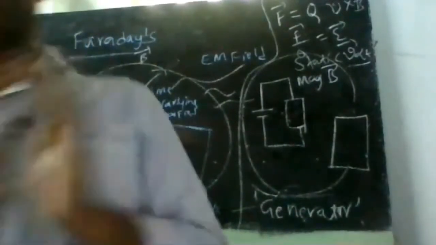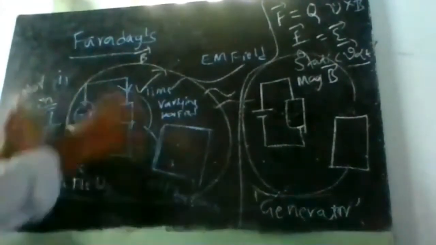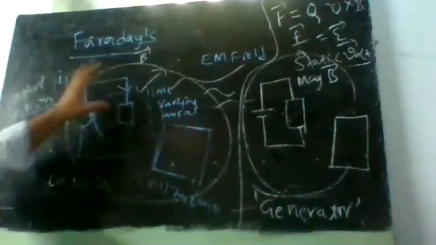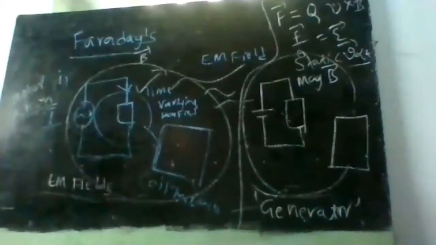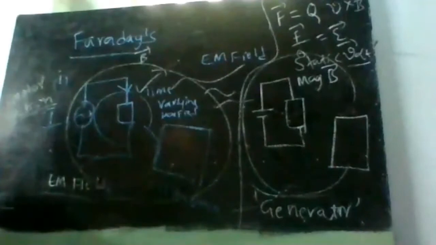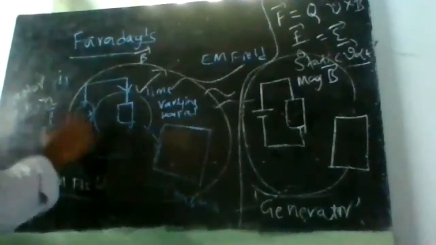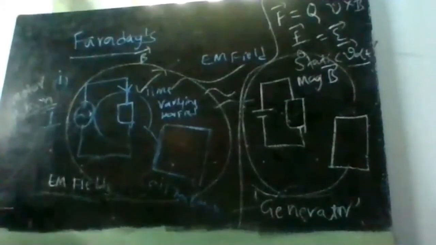In the first method, everything is static. Nothing is moving. Both the coil that is producing the current and the coil that is producing the electric field are constant. The only thing is that we apply AC currents, three phase alternating currents that vary with time.